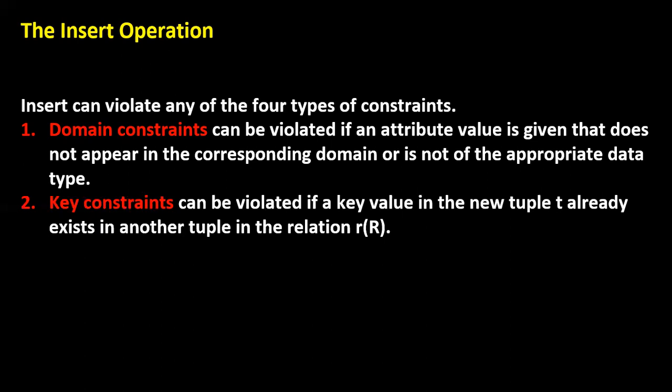Like there is a student with USN 1GA19CS001 with all his details. Again, while entering the second tuple, I give the USN 1GA19CS001. The property of the key, that the key cannot be duplicate and should always be unique, will be violated.